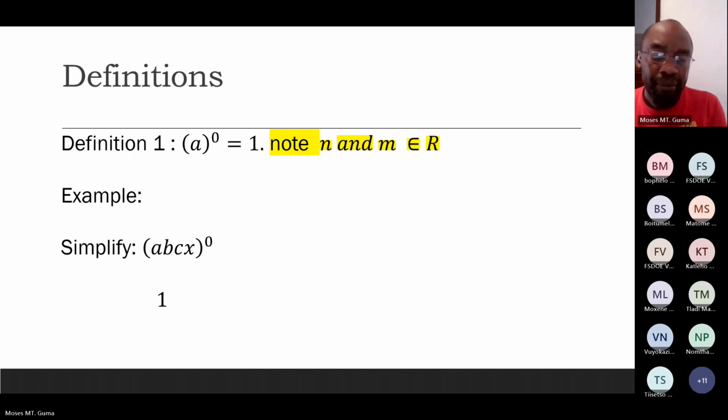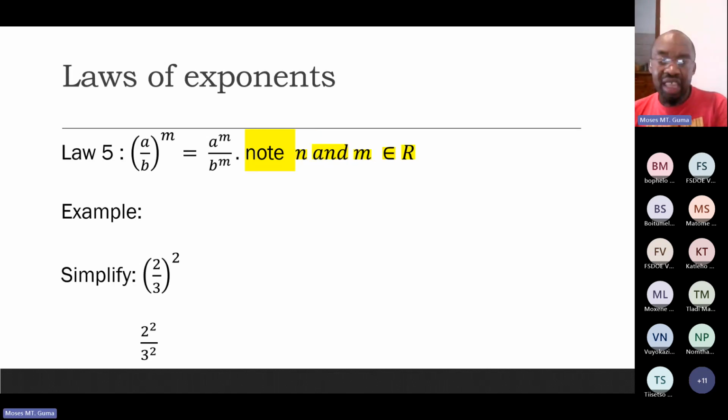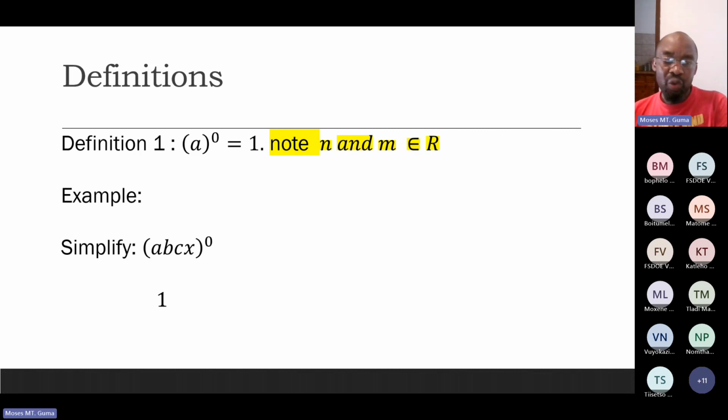Moving on, we now have definitions. In other words, how many laws of exponents are we having? We have 5 all in all. Then we have definitions now. Definitions, we are going to define for you a to power 0, any number that is raised to power 0, that number is defined as 1.